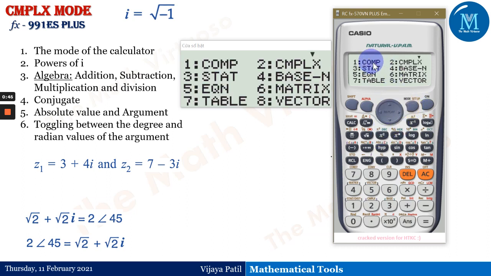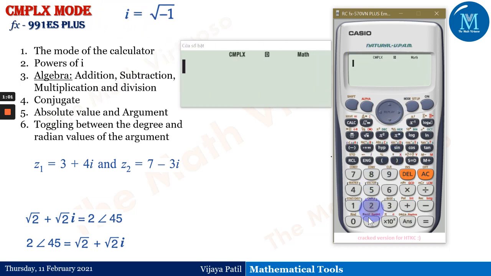Our calculator was in COMP mode, which is the default mode here, but as we wanted the square root of minus 1, which is the i unit or the imaginary unit for complex numbers, we'll go for 2, that is CMPLX mode, the complex mode, wherein we can carry out calculations of complex numbers. In this mode, this i gets displayed. Otherwise, you cannot type it, and you will not get the answer.